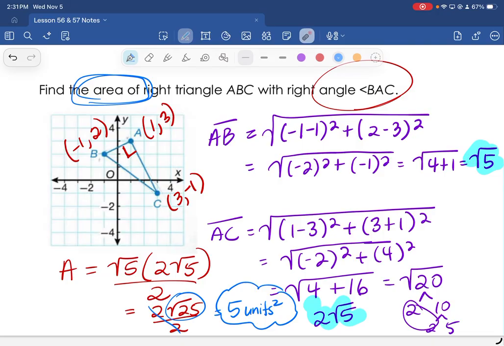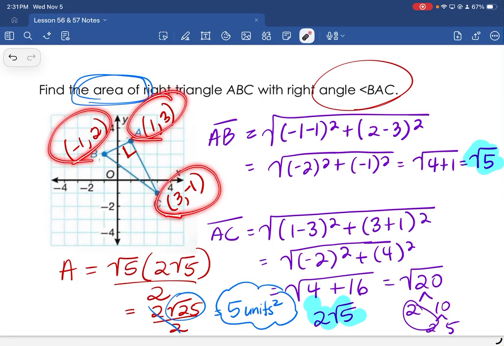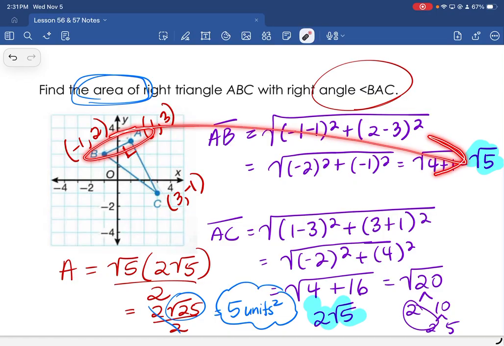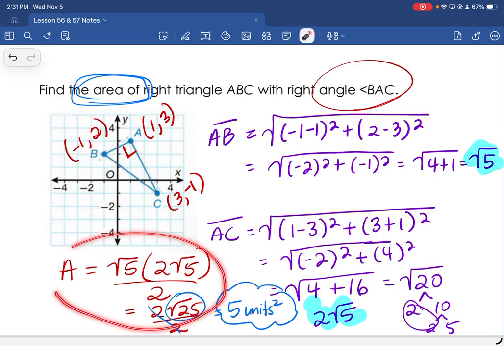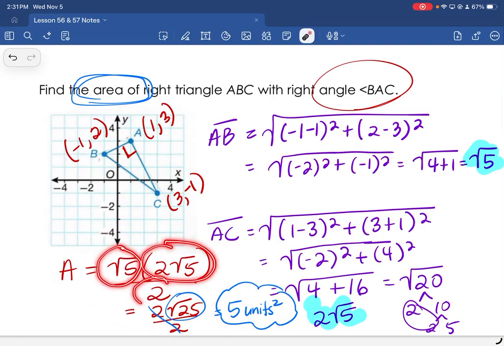So let me recap. First we listed the ordered pairs of each one of these because we need those coordinates to use the distance formula. Then we found the distance of AB, which we found to be root 5. Then we found the distance of the height, AC, which we found to be 2 root 5. Then we used the formula for area of a triangle: area equals base times height divided by 2.